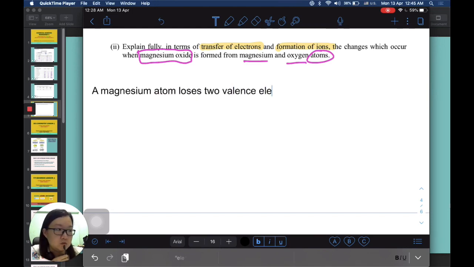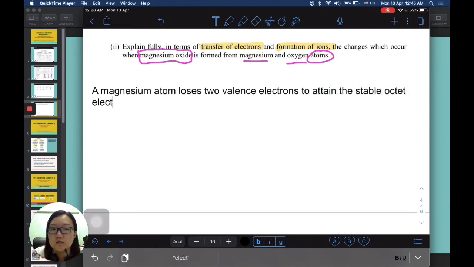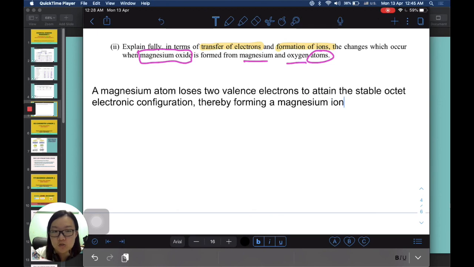A magnesium atom loses 2 valence electrons to attain the stable octet electronic configuration, because magnesium is 2.8.2, so it loses those 2 electrons, thereby forming the magnesium cation, Mg2+. That is for the magnesium atom turning into the magnesium cation.